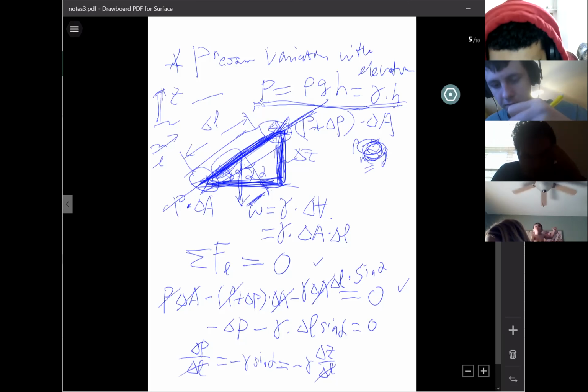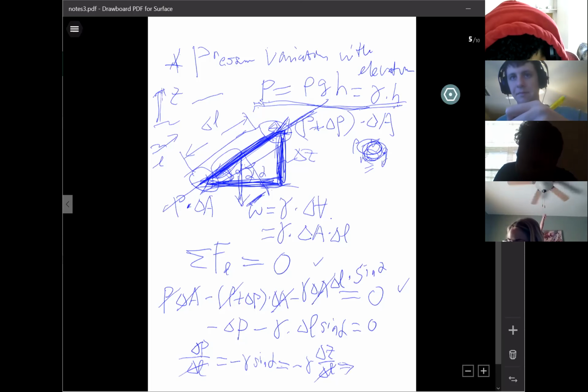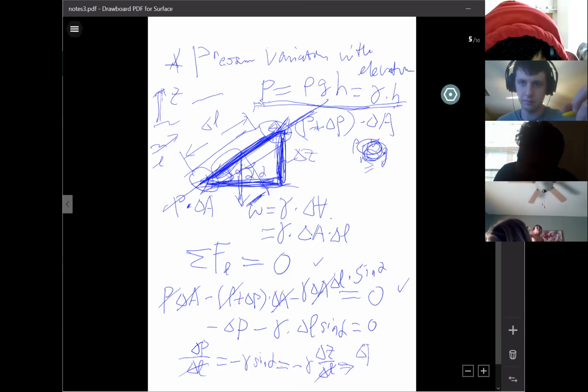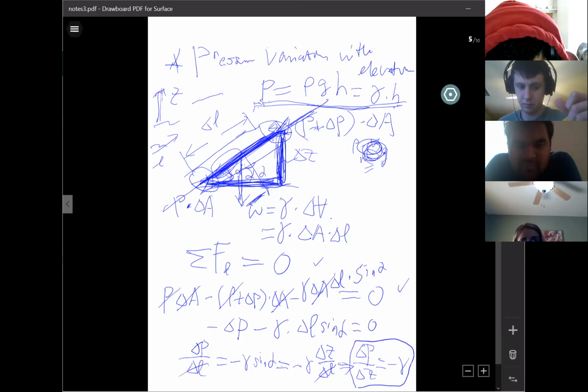Yes. Let's move delta Z to the left-hand side. Now, instead of delta L in the denominator, we have delta Z in the denominator. So delta P over delta Z equals negative gamma. Wow, that's beautiful. The right-hand side is a constant, gamma, rho g.